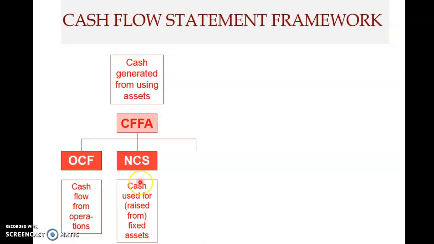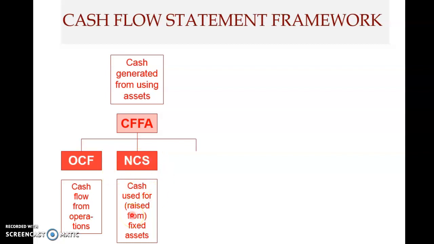Alright, it is cash used for or raised from fixed assets of the business. So this can be either positive or negative. If the cash is used to increase fixed assets, then it is a use of cash, so it will be a cash outflow. So you minus the NCS.